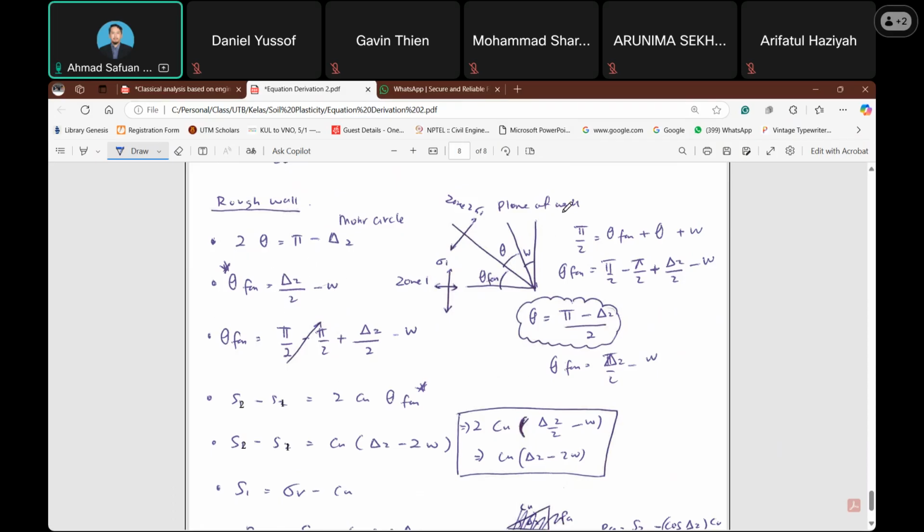So you look at the derivation. This is considered as 90 degrees. So pi over 2, which is 90 degrees, is equal to theta fan plus theta plus W. Then we rearrange in order to get the theta fan.